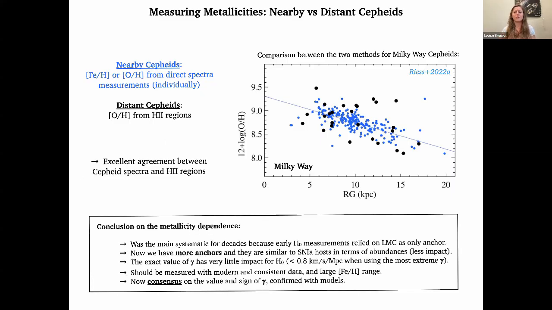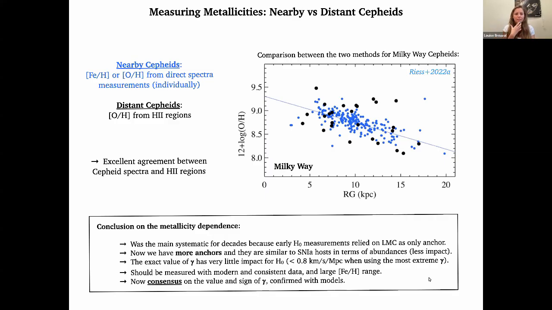And my conclusion on the metallicity dependence is that it used to be a systematic because most of the previous H0 measurements were based on the LMC as the only anchor, but now we have more anchors. And H0 is less sensitive to gamma now. That's why the exact value of gamma has very little impact.